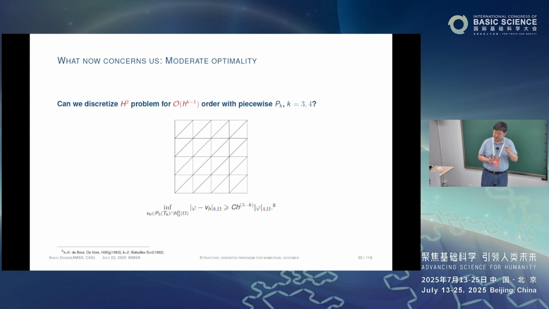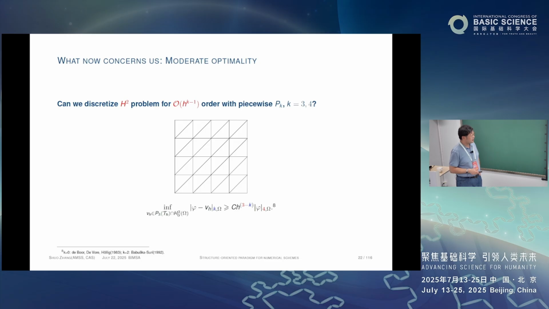And Argyris uses quintic polynomials and gets order 4 convergence. So how about P3, P4? Can we use piecewise P3 to get H2 convergence rate and P4 for H3 convergence rate? Of course, this is a theoretical problem, but later we can see it's of practical importance.